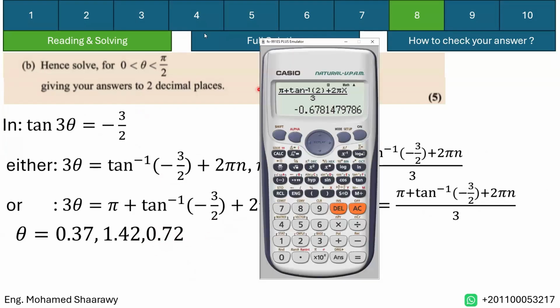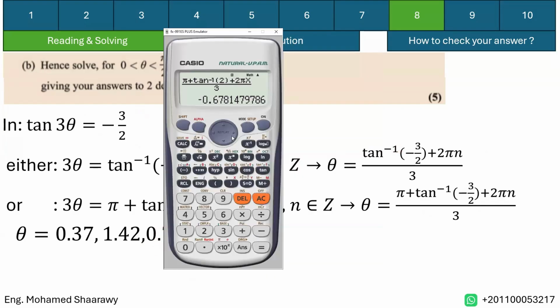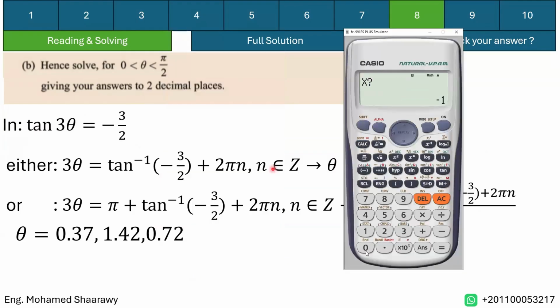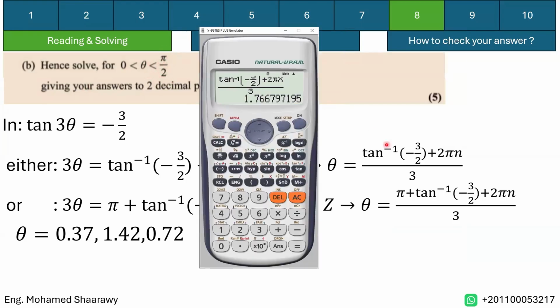So let me do it with you slowly. Let's replace this by negative 3 over 2. So let's solve this at 0. It's not accepted. Let me try 1. 1.7, which is greater than pi over 2, which is not accepted. So there are no solutions in this interval.